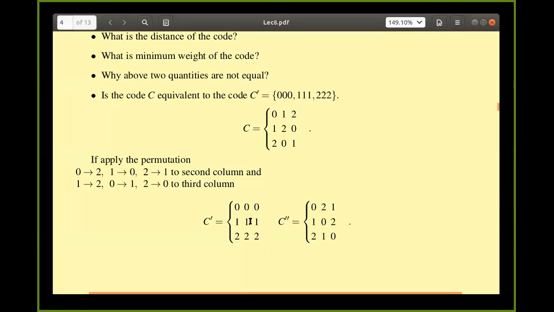So it is like this. Now these two are actually equivalent. So how do we get C double prime from C prime? Can somebody help me? How do I get C double prime from C?